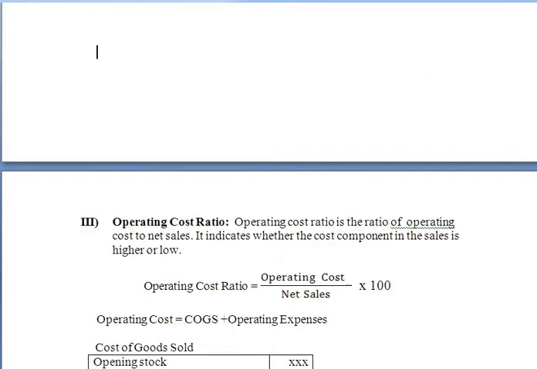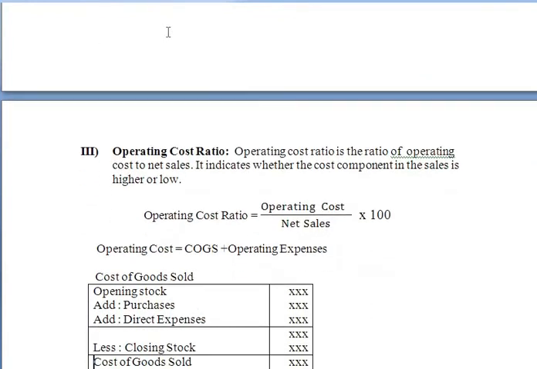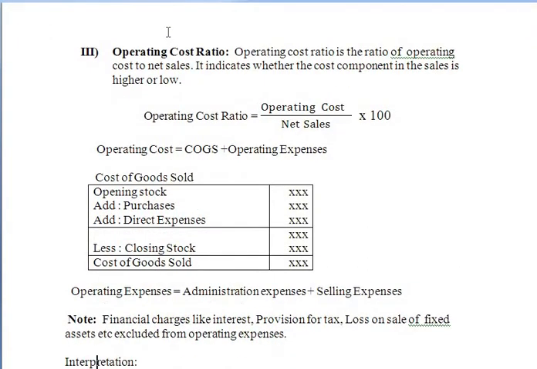operating cost ratio. Okay, third ratio is operating cost ratio. Operating cost ratio is the ratio of operating cost to net sales. It indicates whether the cost component in the sales is higher or low, which means whether the firm is able to control the expenses cost or not.